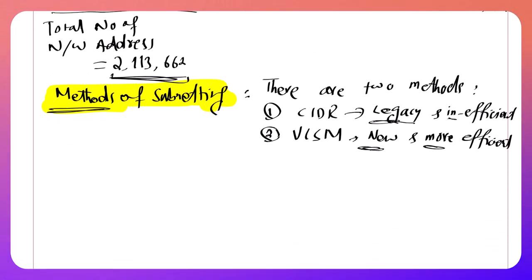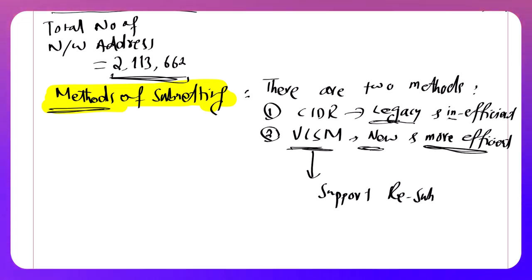Both are actually subnetting. By using both we can divide the network, but with the help of VLSM we can further decrease the number of wasted host addresses per network. It means VLSM supports resubnetting of a subnet.